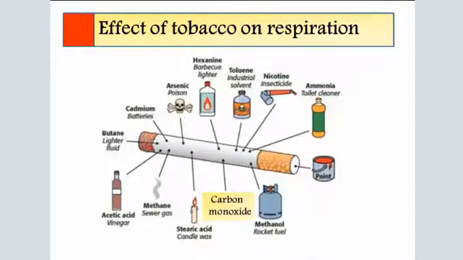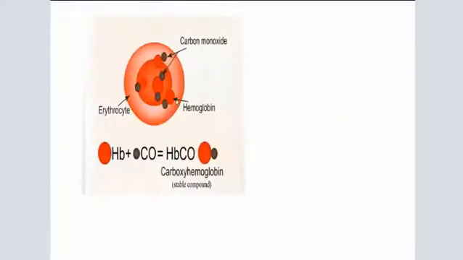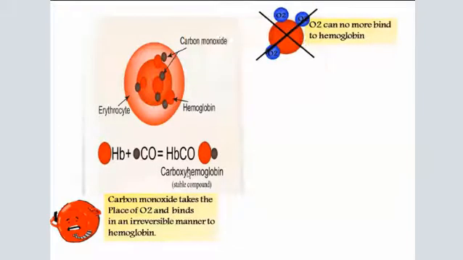Tobacco contains more than 250 toxic substances. Carbon monoxide is one of the most dangerous ones. Carbon monoxide is a very toxic gas. Once it is inhaled, this gas diffuses into the blood and combines with hemoglobin in an irreversible manner, taking the place of oxygen gas that can no more bind to hemoglobin.